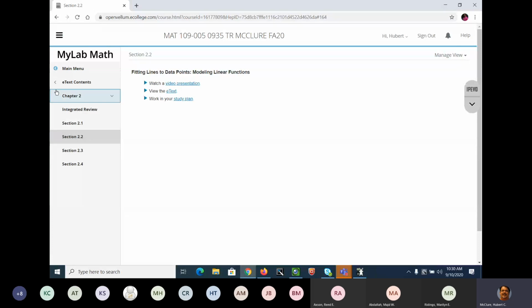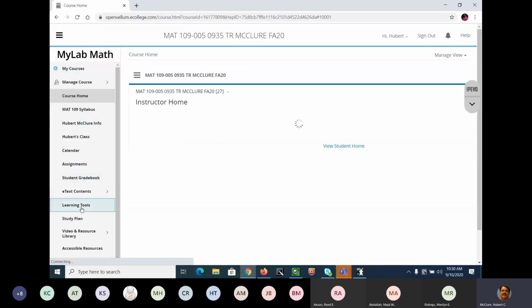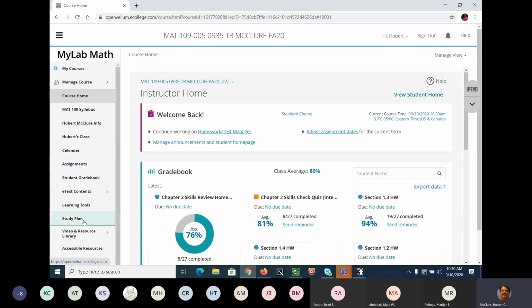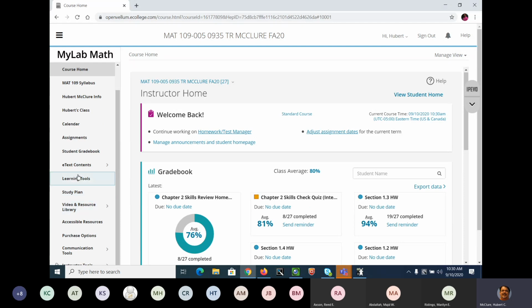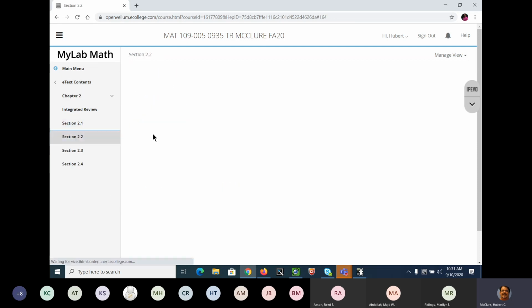So I'm going to click on one of the, let's see, chapter contents. Where's chapter contents on this book? Or is it called e-text contents? Is that what it's called? 2.2 and study plan.